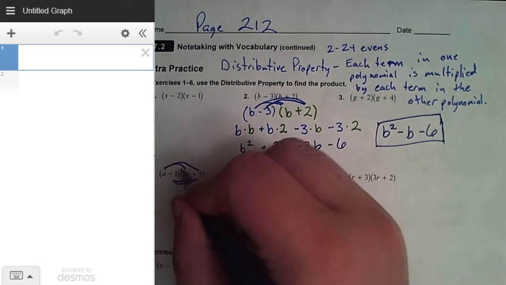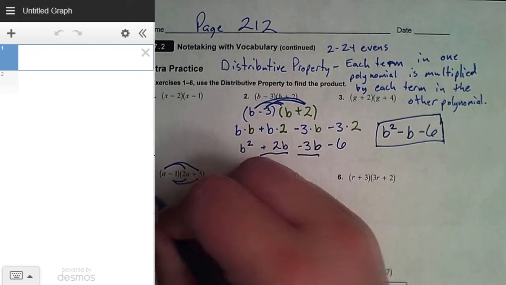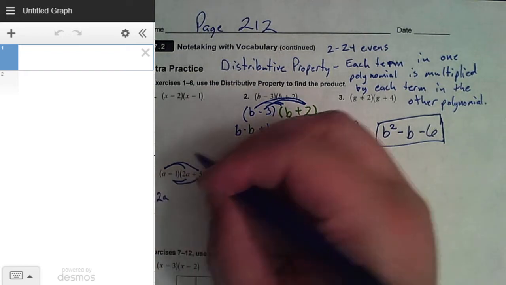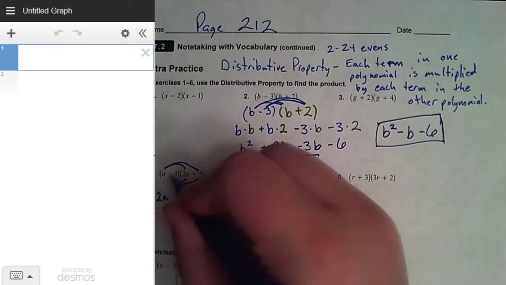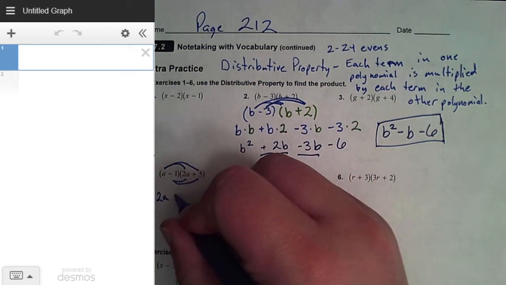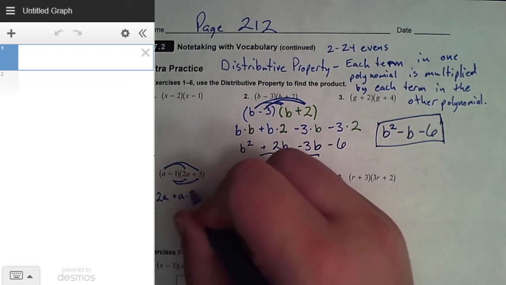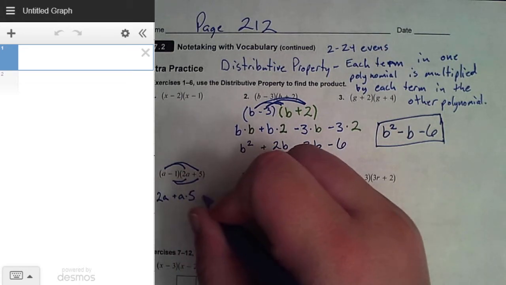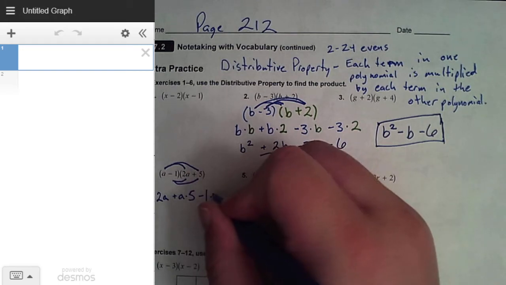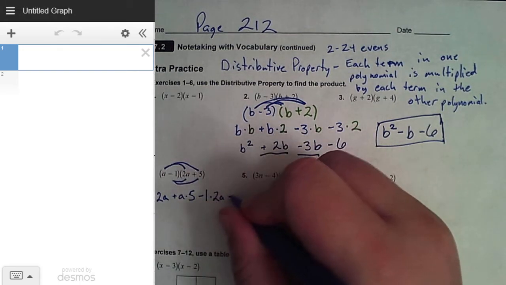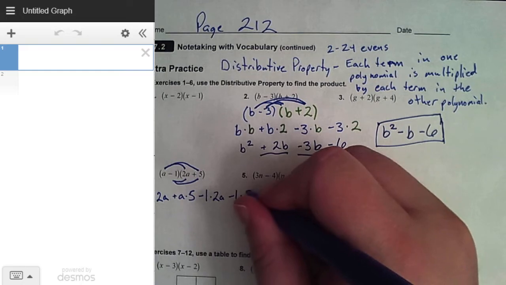Here we go. So we have a times 2a. It's nice to just rewrite what we plan on doing. A times 5, so that's plus a times 5. And then we have -1 times 2a and -1 times 5.